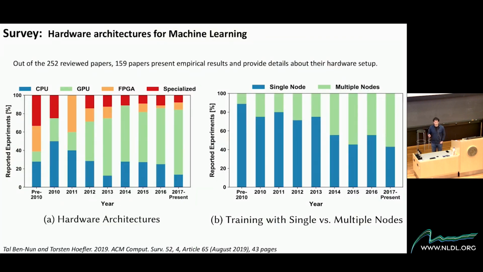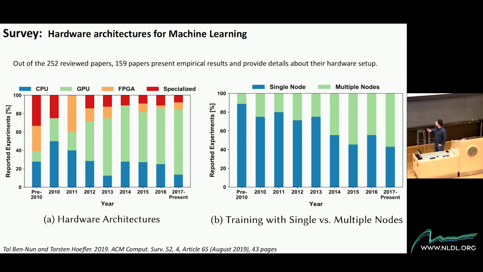Another survey in the context of training is some papers where they ran experiments over the last 10 years. On the left-hand side, you can see that the majority of the experiments started using GPUs, and the percentage of GPU usage increases over the last 10 years, which indicates the need for GPUs in machine learning.